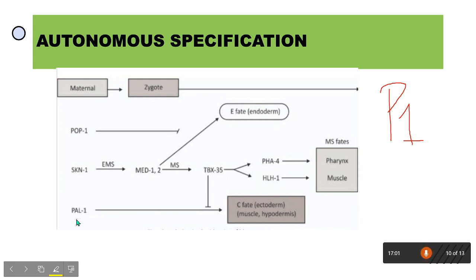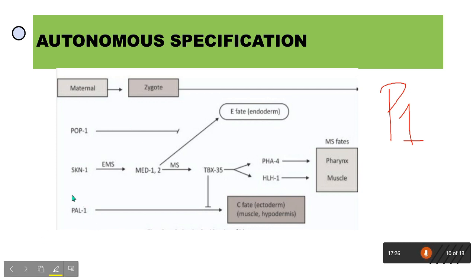We already said P1 is carrying out the autonomous specification. For a cell to be autonomous, there must be cytoplasmic or other determining factors. That is what we mean by autonomous specification. So P1 has certain transcription factors or determining factors. What are they? There are three.